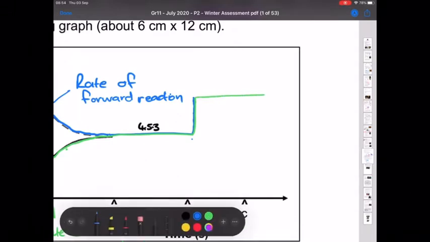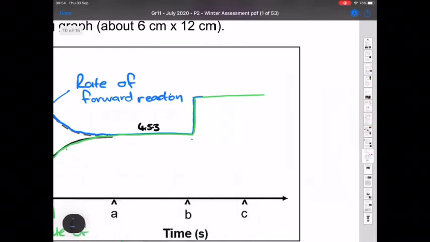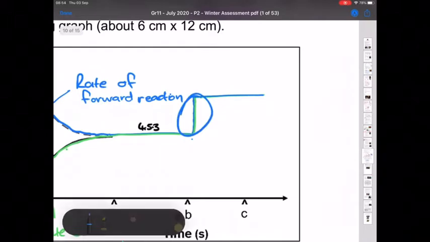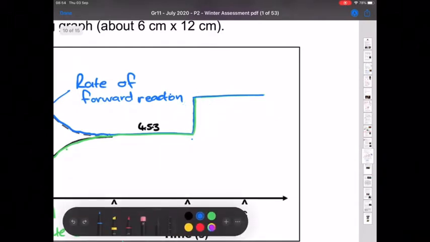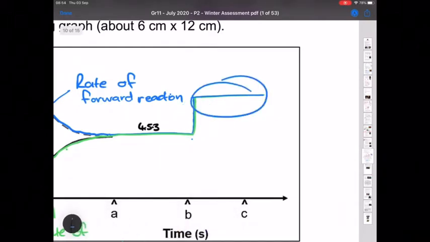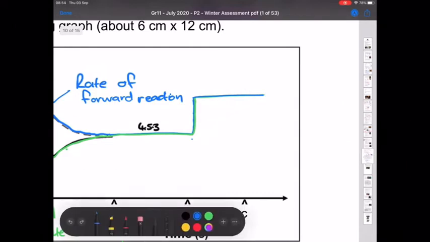There we go, chemical equilibrium. For the forward and reverse reaction, same rate because the lines are on top of each other. So you've got a mark for the spike, that both the forward and reverse reactions jumped up, and then a mark for showing that both are occurring at equilibrium.